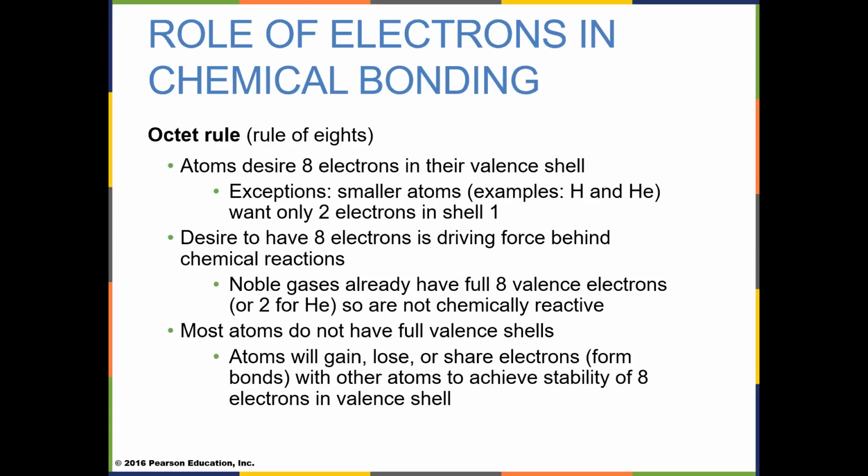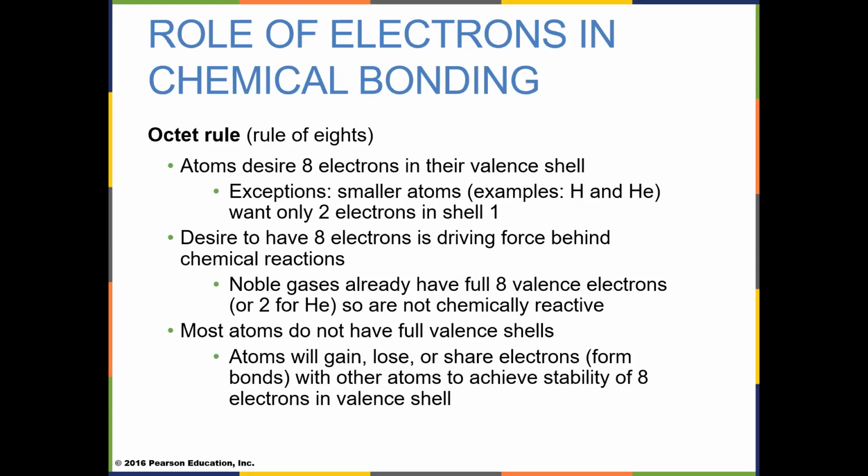As far as we're concerned, it can hold up to 8 or 18 electrons. For our purposes, it's going to hold 8. We don't deal with any atoms that go out to 18, at least not in human anatomy and physiology.